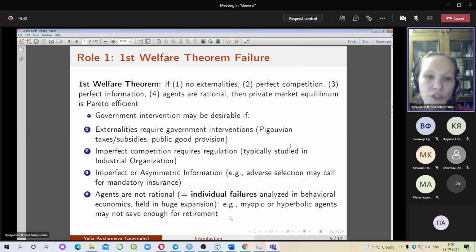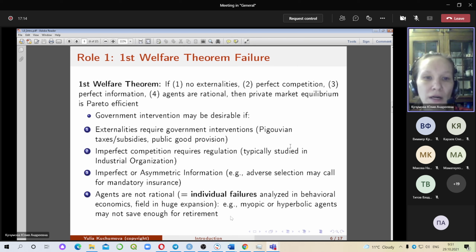These assumptions are important, especially in this course, because when those assumptions break, government intervention may be desirable. Specifically, government intervention is desirable if there are externalities, either pure externalities or the case that exists in the public good story.